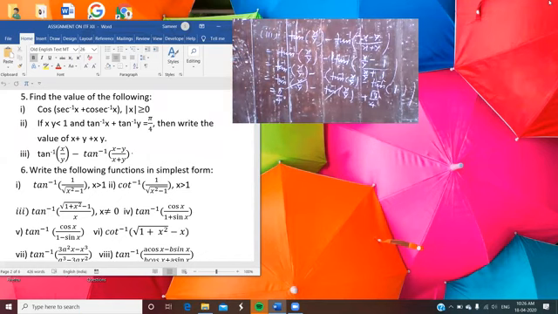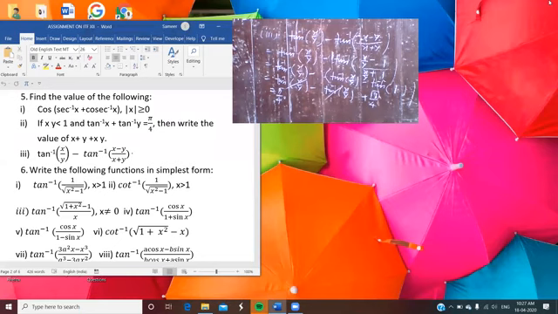Okay. So in question number 6, you have to convert all the functions to their simplest form. So what is your aim? How do you convert the given function to its simplest form when it is given in such a way?